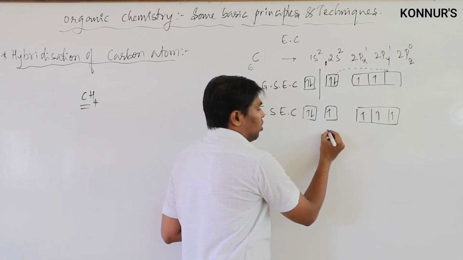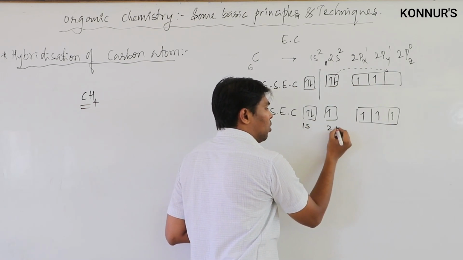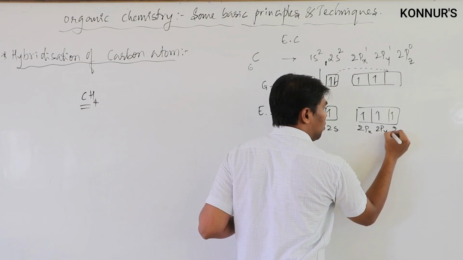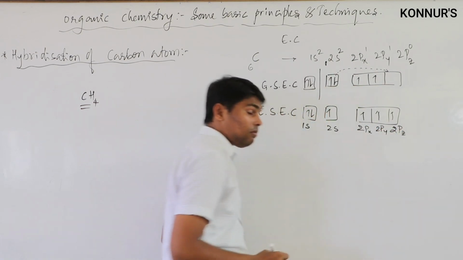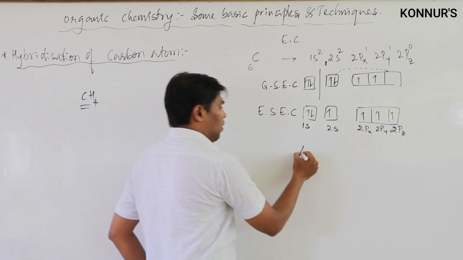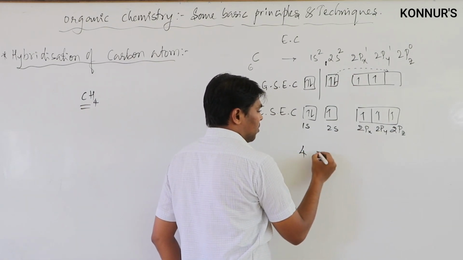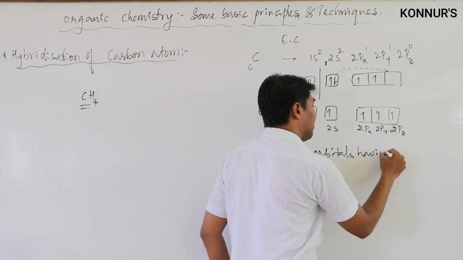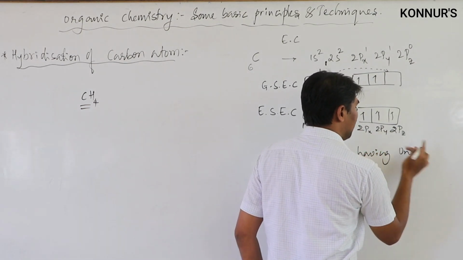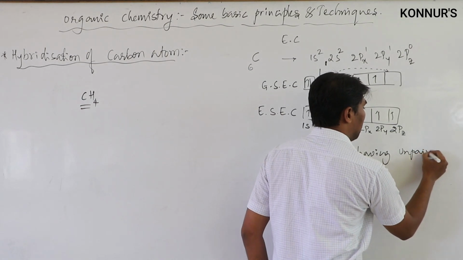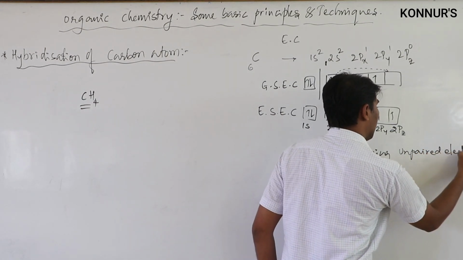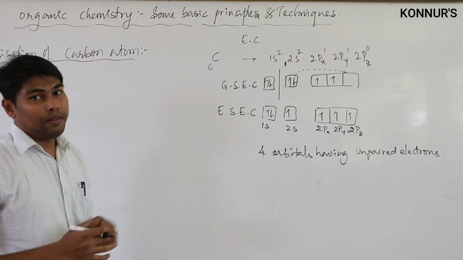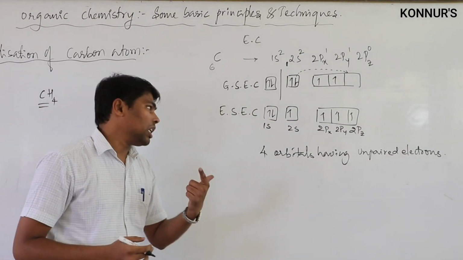Here 1s, 2s, 2px, 2py, 2pz. There are 4 orbitals having unpaired electrons. They will intermix to form a new set of orbitals.